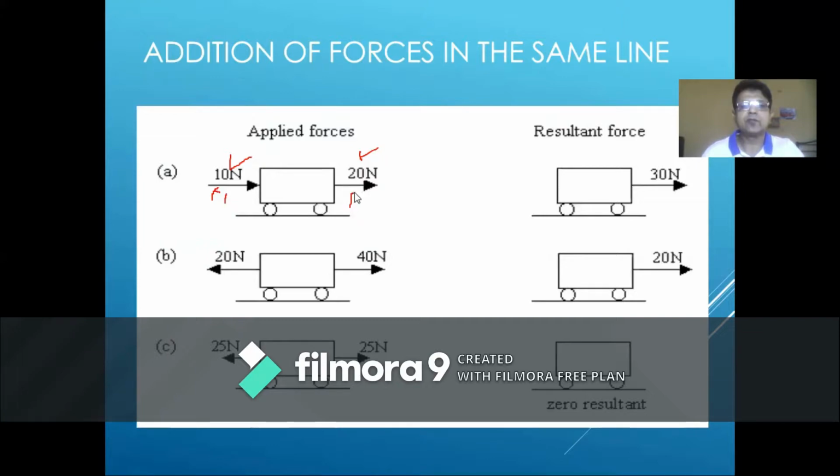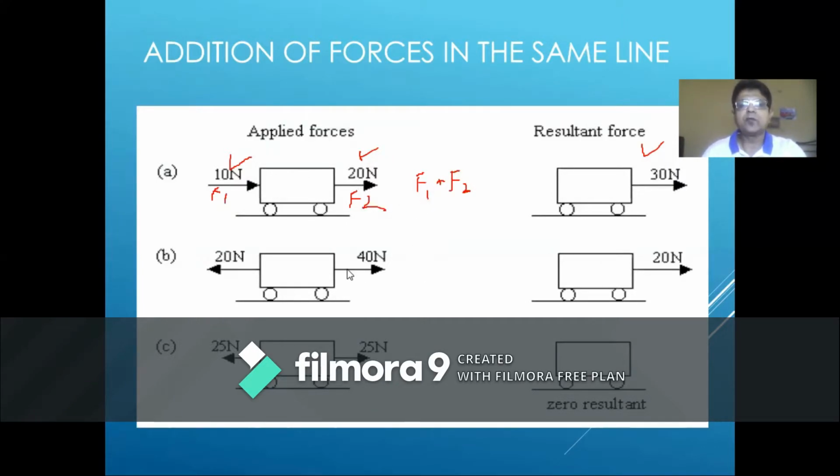Adding F1 plus F2, you will find 10 plus 20 Newton, that is 30 Newton. So our resultant force is 30 Newton. We can directly add F1 plus F2.